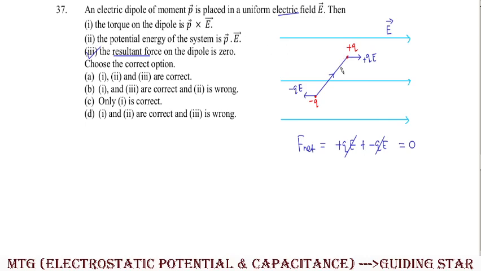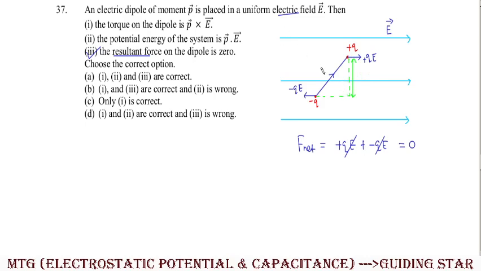Second case, what is the torque acting on the dipole? In order to find the torque, we need to find the perpendicular distance between the given forces. This is the perpendicular distance between the given forces here.